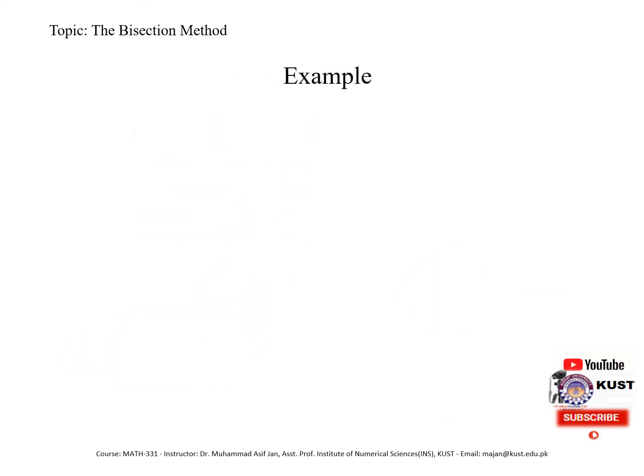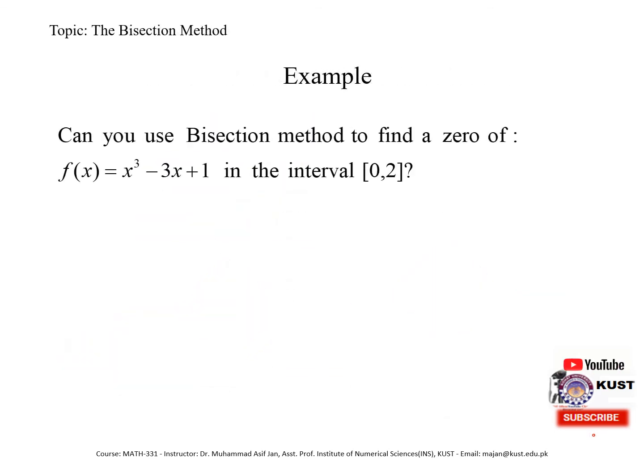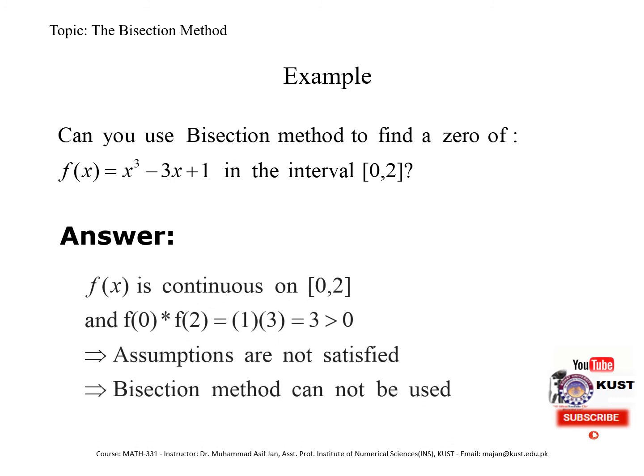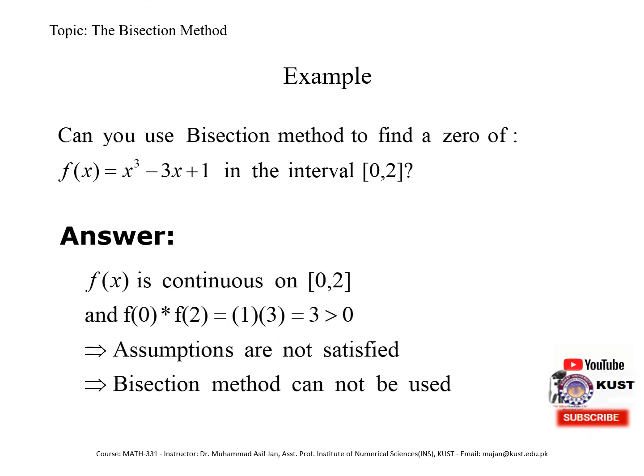Now let us see some numerical examples of the bisection method. As a first example, can you use the bisection method to find a zero of f of x equals x cubed minus 3x plus 1 in the closed interval with endpoints 0, 2? Now, if you look at this function, this is a polynomial of degree 3, so it is definitely continuous on the closed interval 0, 2.